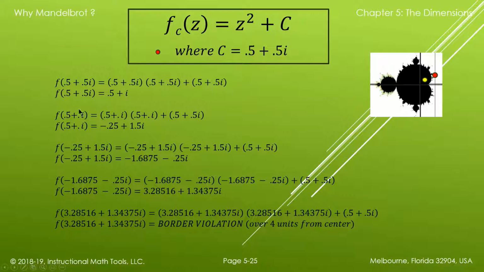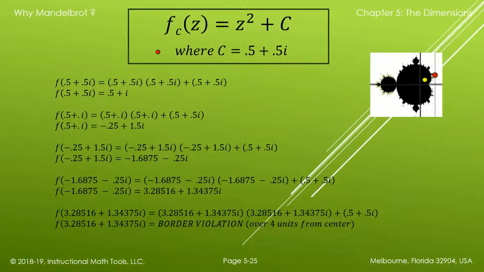This component is fed into the recursive equation and results in this one, and so on, until finally, after 1, 2, 3, 4, 5 iterations, there's a border violation. That means the next point it's calculating has just jumped out of the circle of radius 2, and therefore it is not a member of the Mandelbrot set, nor is it a fractal. It's rejected.